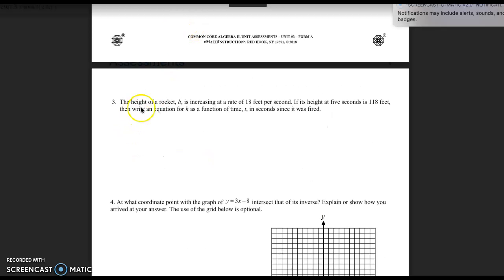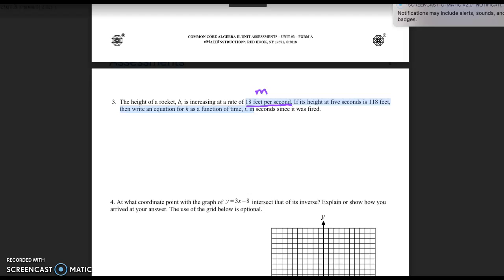All right, so number 3 will be the last question that I will go over with you guys. Okay, this is a word problem. The height of the rocket, h, is increasing at a rate of 18 feet per second. If I see something per something, you should know that is slope.